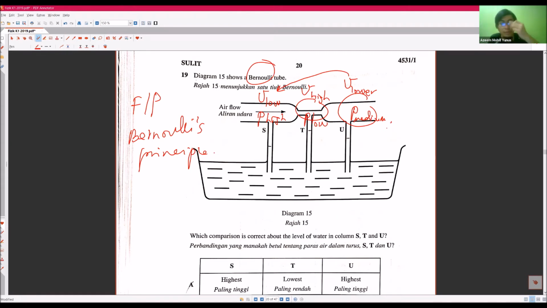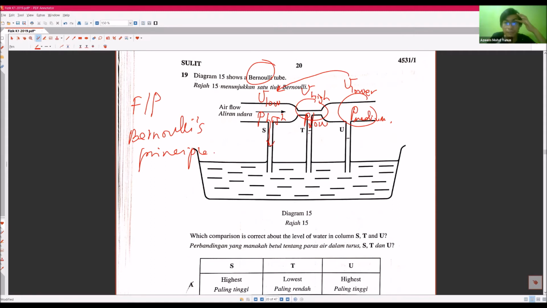If the pressure is high, it can push the water to a higher depth. If the pressure is low, it can only push to a lower depth, a smaller amount of water, and this one is medium. So the water should look like this.